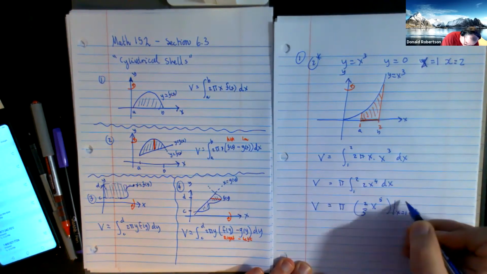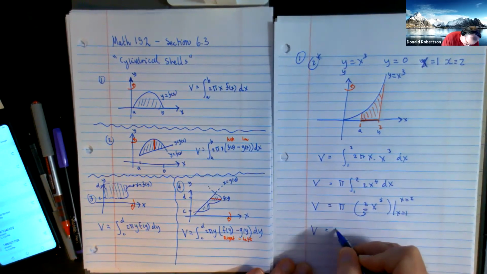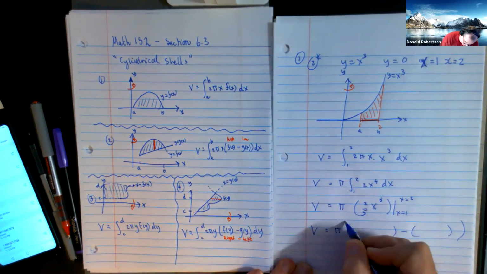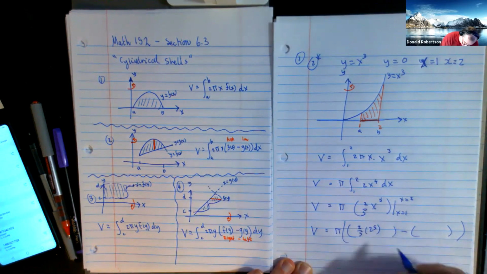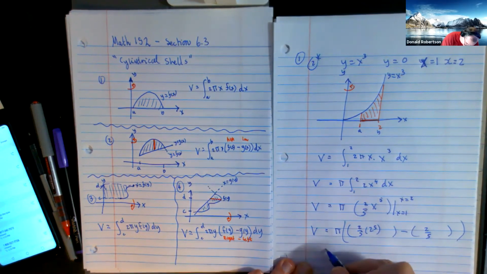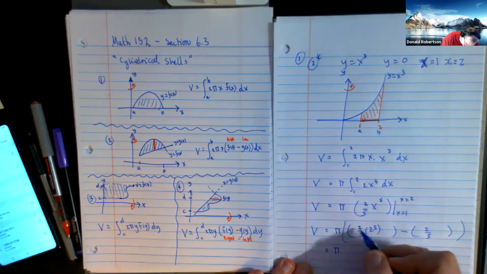Evaluated at 1 and at 2. First guy, take away the second guy. Plug into 2/5 times 2 to the power of 5. If you plug in 1 there, you just get 2/5. 2, 4, 8, 16, 32, 64/5.